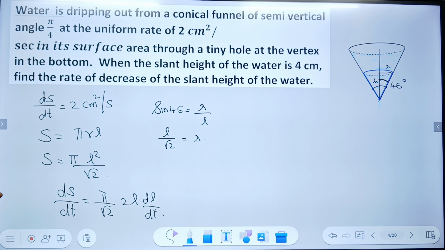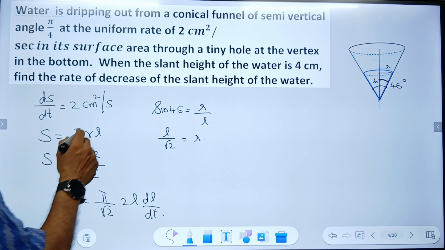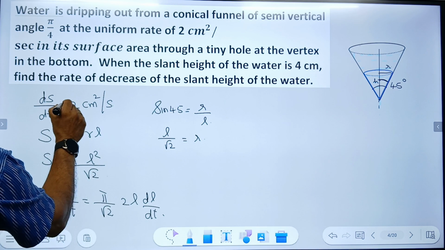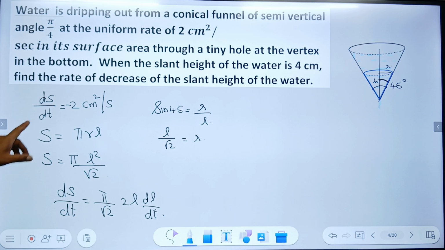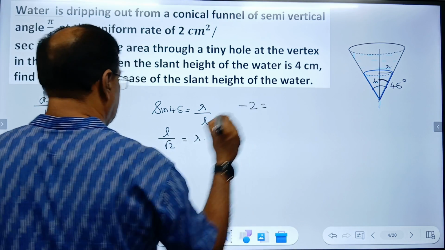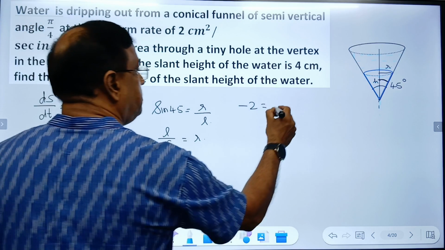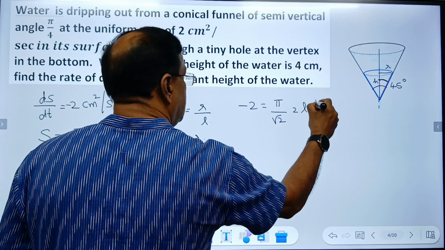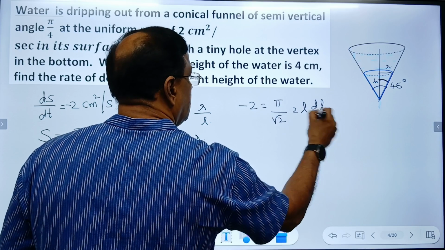Now the surface area is dripping out, so the surface area is decreasing, so I put a minus sign. So minus 2 equals pi by root 2 into 2L dl by dt. 2 can be cancelled.